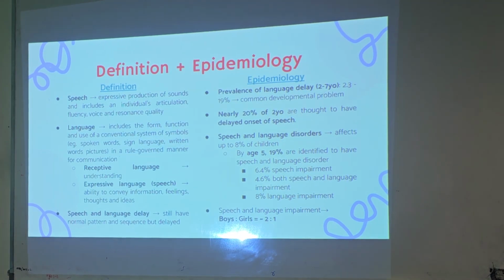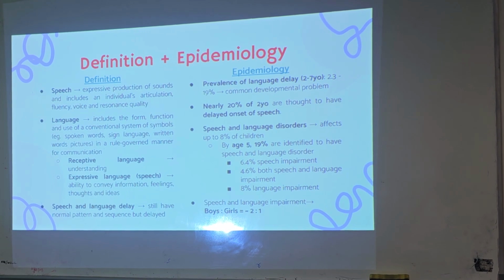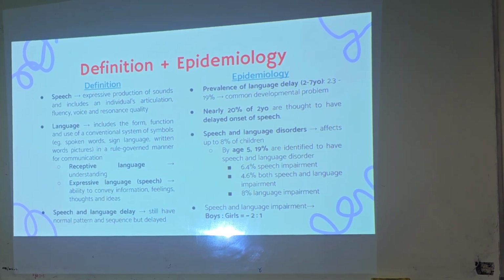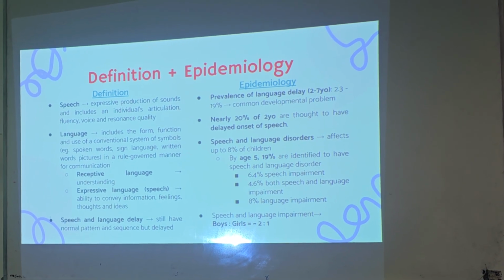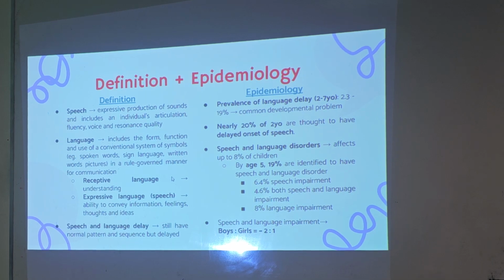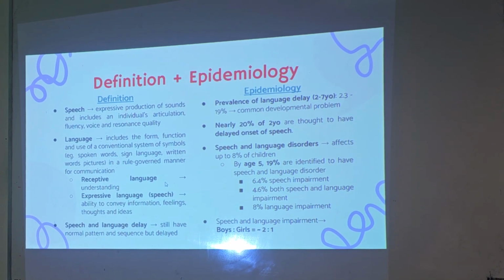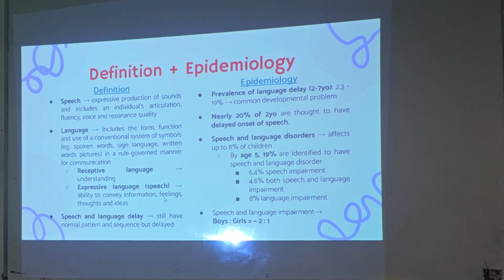Let me explain more about speech and language delay. When we talk about language itself, it is a broad term that also includes speech. Language can be divided into two different aspects. One is receptive language, which refers to the ability to understand what someone is saying. Another is speech, also known as expressive language.